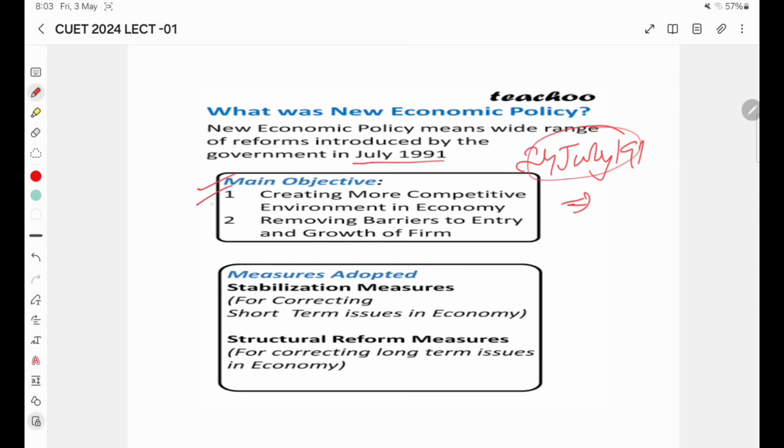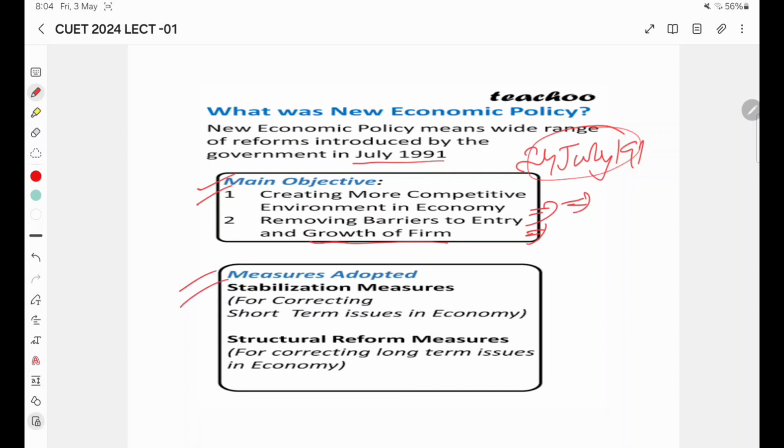And what was the major objective of this new economic policy? The objective was creating a more competitive environment in the economy and removing barriers to entry and growth of firms. It means the Indian economy tried to open up, okay, by introducing the liberalization and privatization policy.